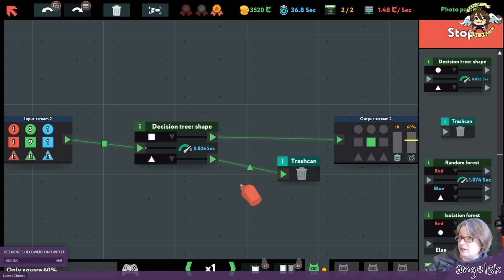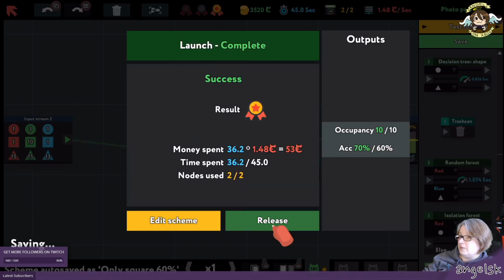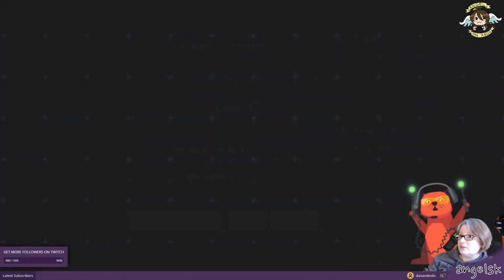There's two squares and like 5 circles. For the 10 we need. So there we go. Release the gold.